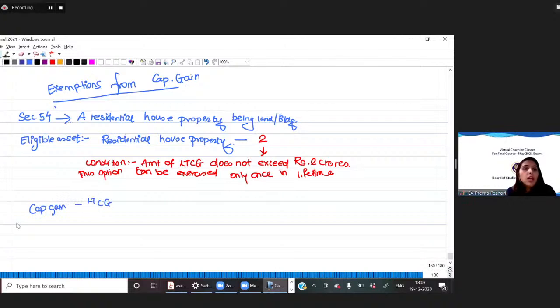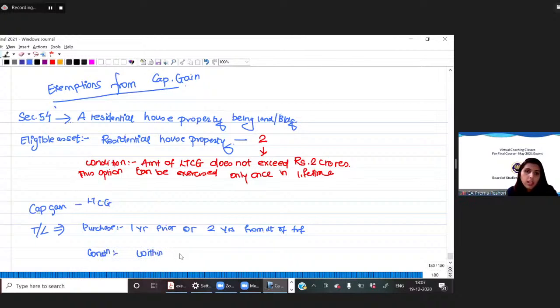Clear? By when is the house to be purchased or constructed? So the time limit is: purchase 1 year prior or 2 years from the date of transfer, and construction within 3 years from the date of transfer.